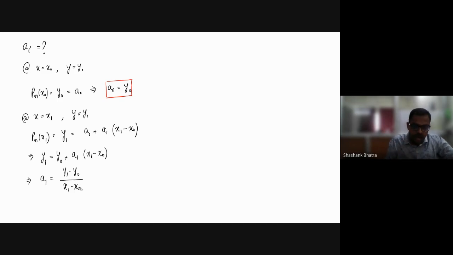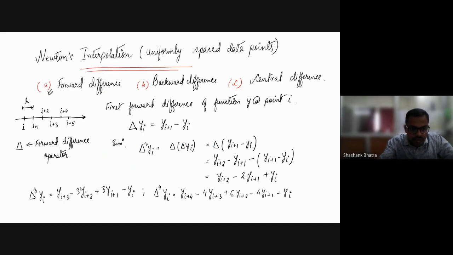Anyways, from the diagrams that I've shown you, the space between two points, equally spaced, we are denoting with h, and yi plus 1 minus yi was your delta yi.